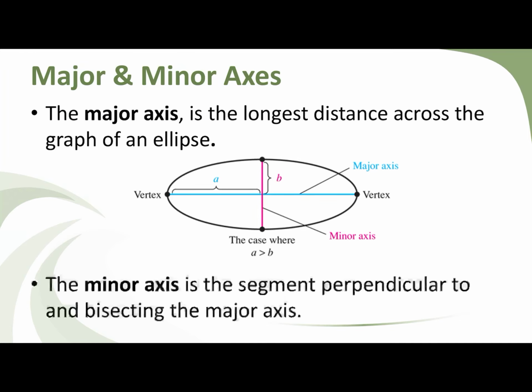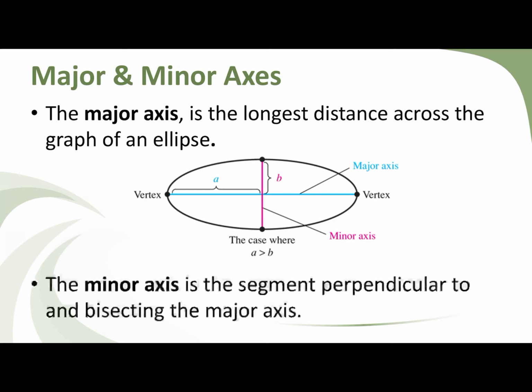All right, so here is a little closer, bigger view. The major axis again goes the long way, and if we were going vertical, then tip this whole thing on its side, and it would be the same, right?